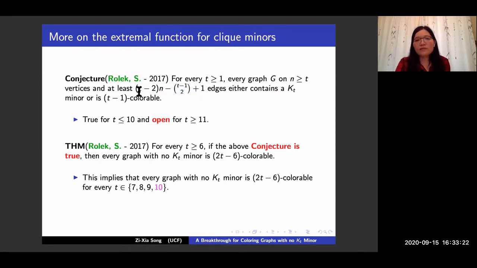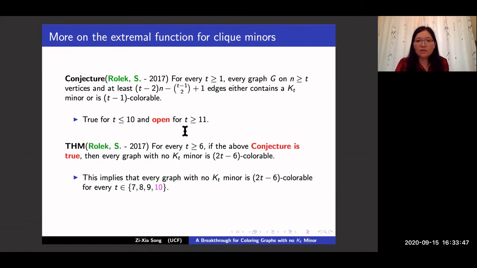So every graph with at least this many edges either contains a K_t minor or is (t-1)-colorable. So you can make this one 2t-6 if you like. If you are interested in working on linear Hadwiger's conjecture, you don't have to make this one t-1. You can make this one ct colorable.